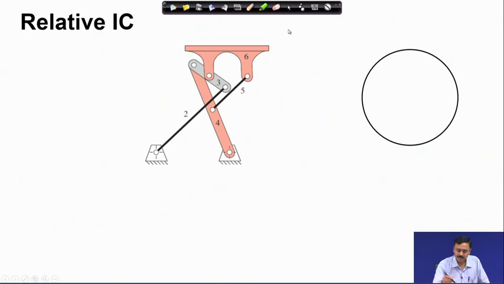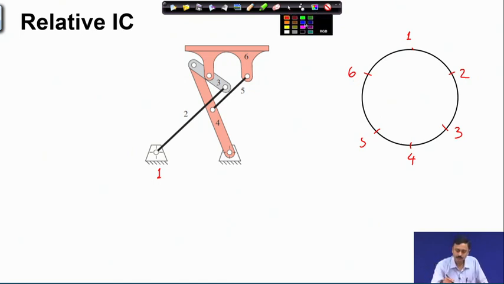Let us look at this mechanism. Now, this has got 6 links, 1 2 3 4 5 6. So, 6 links. Now, we are going to again see what we know.